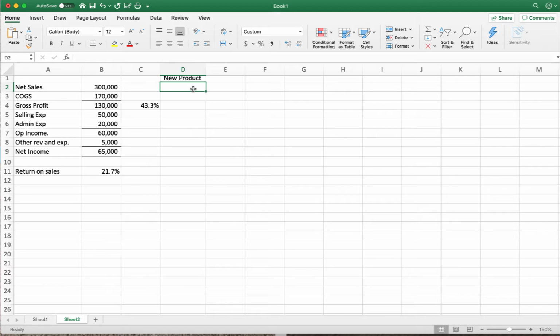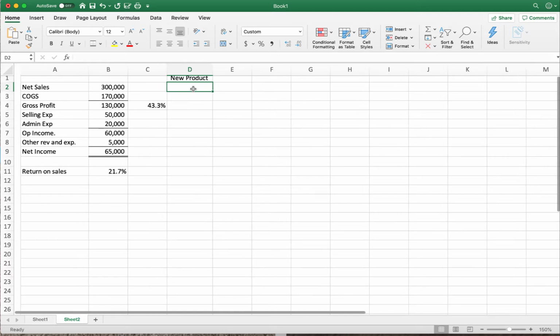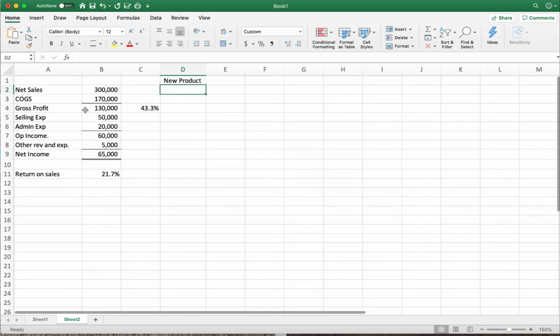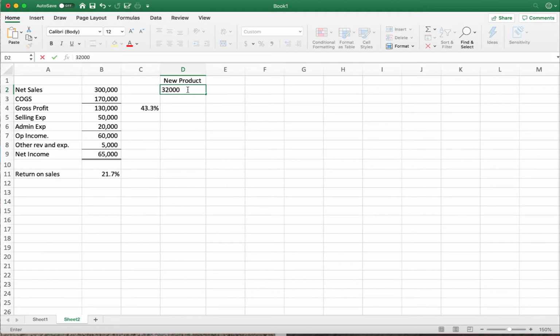So this one's actually pretty simple, and there's a number of ways to do this. But basically, at the end of the day, we need to figure out how gross profit is going to change, right? Well, we know that the sales are going to be $32,000. We know that the cost associated with this new product is $26,000.